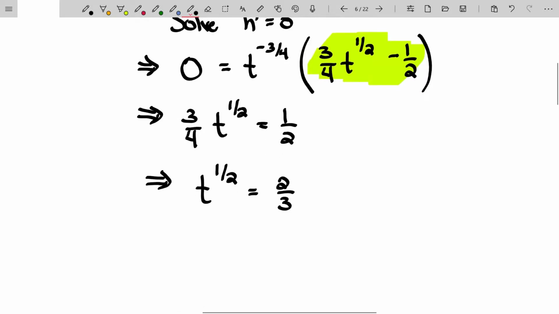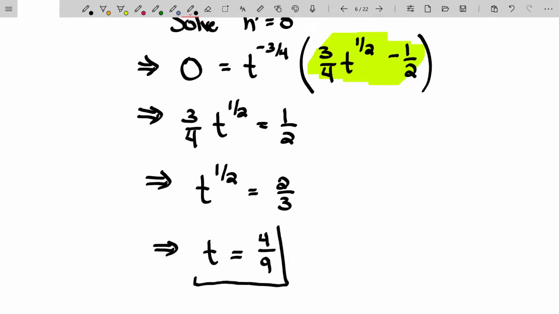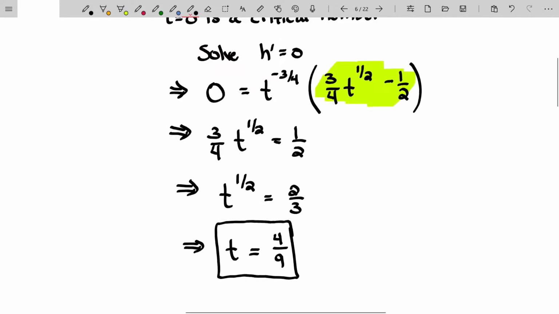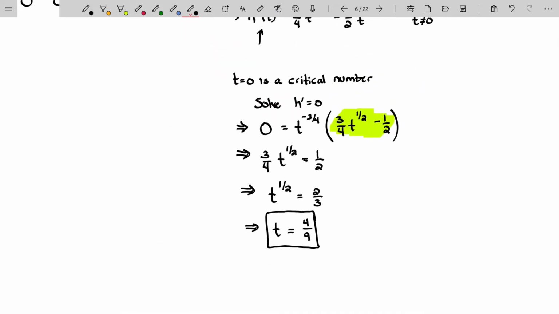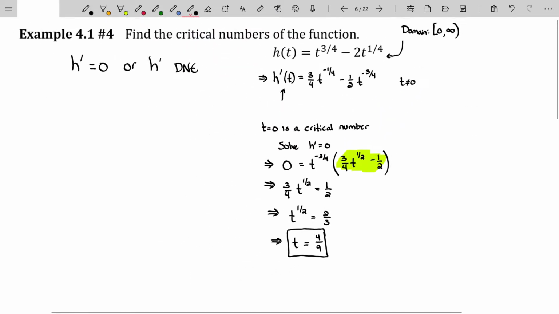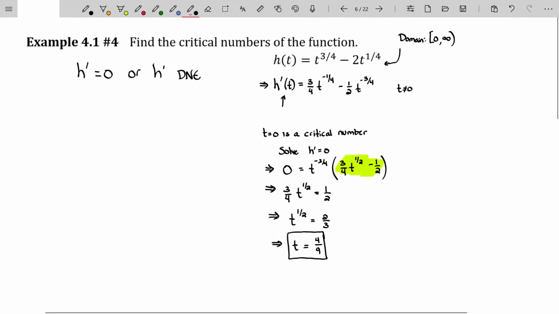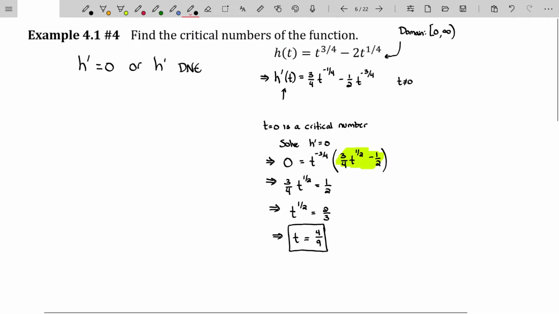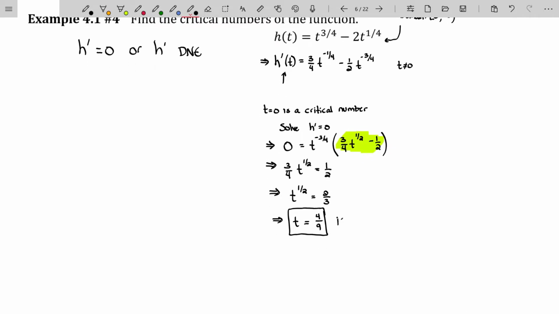And then square both sides. So t is equal to 4/9, squaring both sides. So we know that the derivative is going to be 0 at 4/9, which is in the domain of the original function. So we know that t equals 4/9 is a critical number.